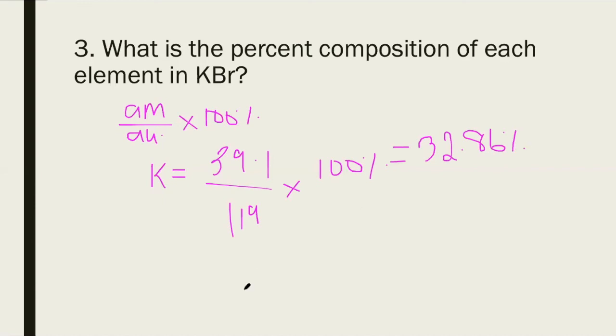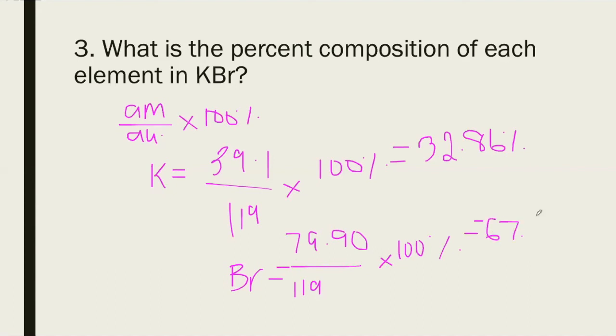And Br, or bromine, will give us 79.90 over 119 multiplied by 100%. That will give us roughly 67.14%. So potassium has a percent composition of 32.86% and bromine 67.14%.